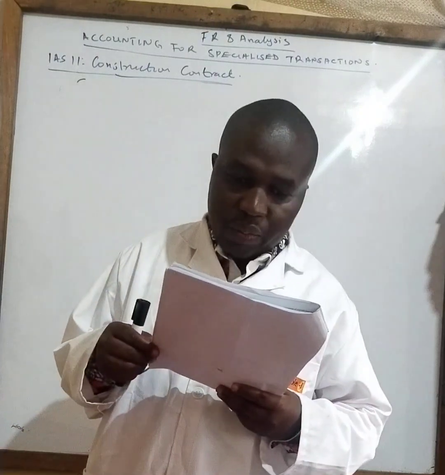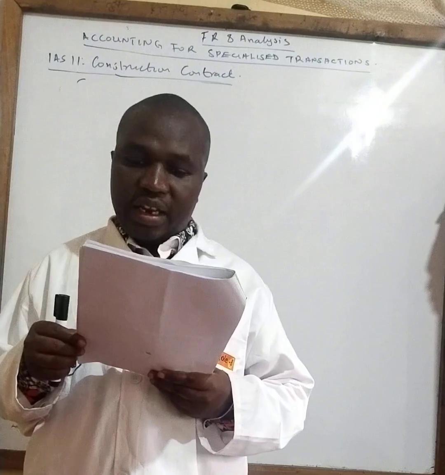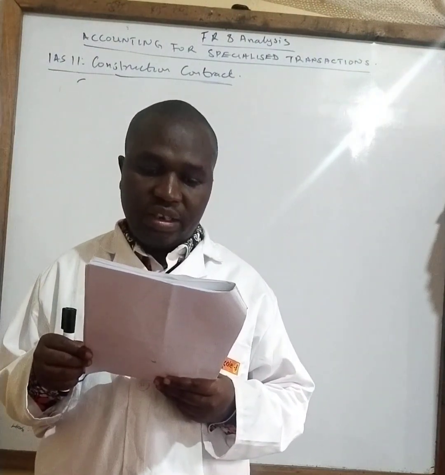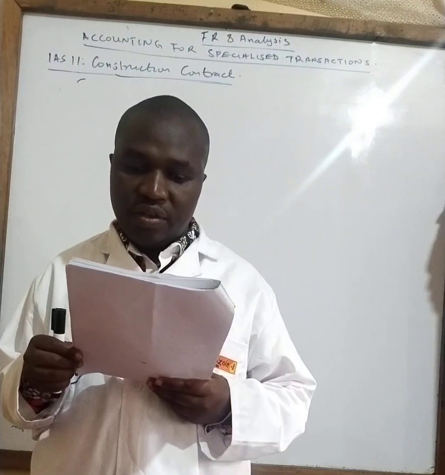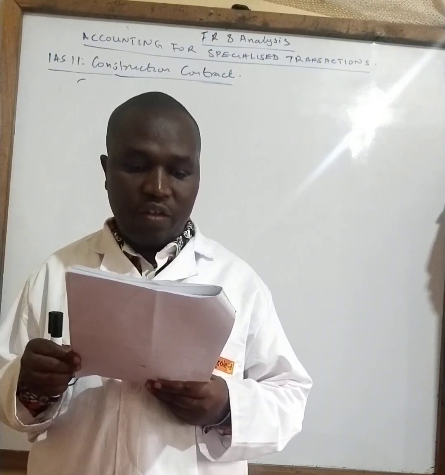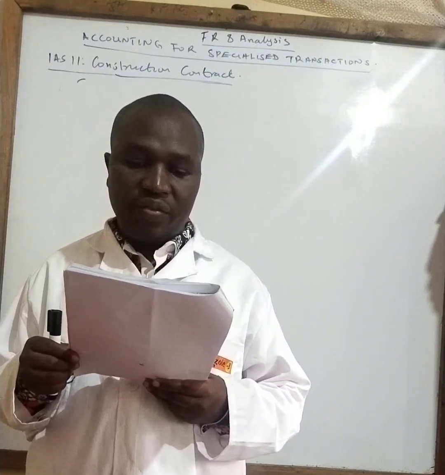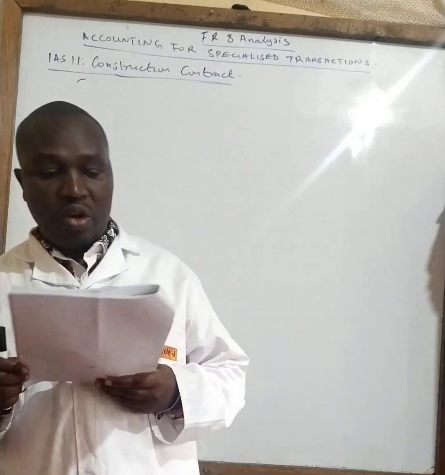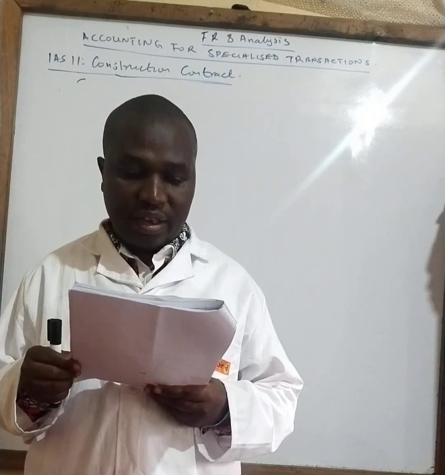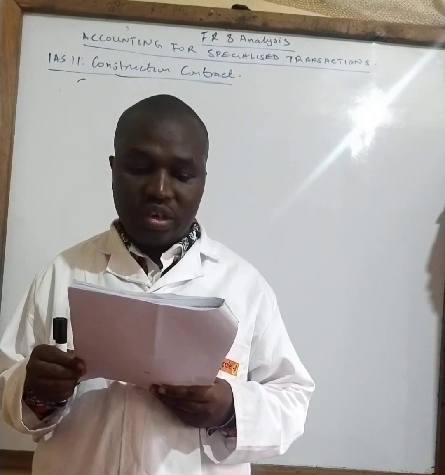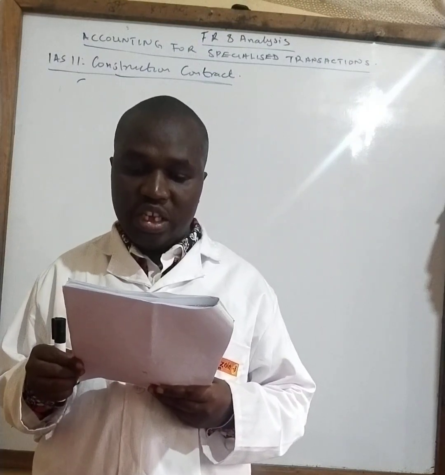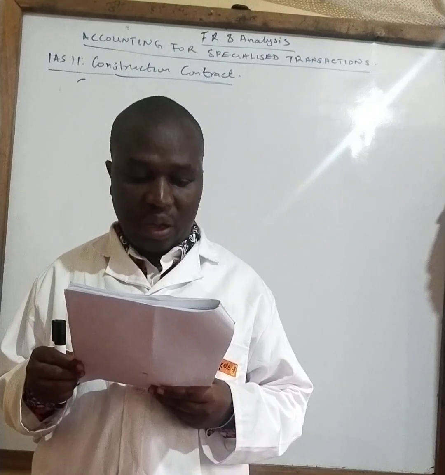The question says, suppose that a contract is started on 1st of January 20x5 with an estimated completion date of 31st December 20x6. The final contract price is 1.5 million. In the first year to 31st December 20x5: 1. Costs incurred amounted to 600,000. 2. Half the work on the contract was completed. 3. Certificates of work completed have been issued to the value of 750,000. 4.